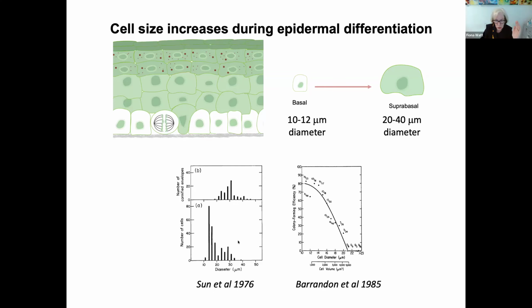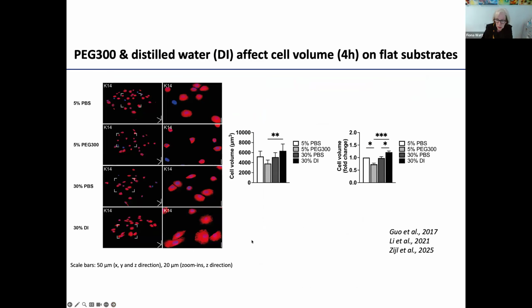So just to show you some examples here, if you measure the ability of cells to form colonies, there's this curve that you can see, whereas with increasing cell diameter, you see decreasing colony forming efficiency. So what Sebastian did was to look at this paper from Dave Weitz's group at Harvard, where he had used polyethylene glycol and distilled water to change the volume of mesenchymal stem cells.